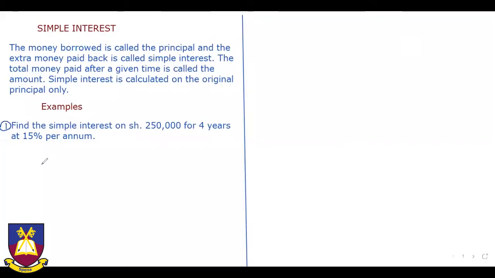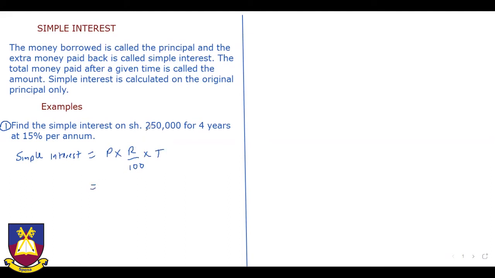So the first question is saying find the simple interest on shillings 250,000 for 4 years at 15% per annum. So we need to know that simple interest is equal to the principal times the rate over 100 times the time.